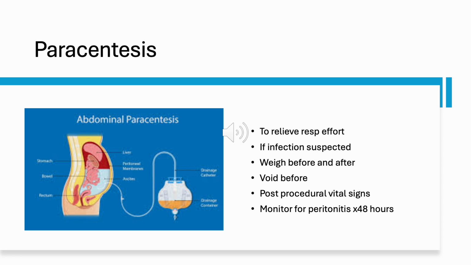Paracentesis is a bedside procedure that can be done to relieve respiratory effort. So in other words, they take off fluid to reduce the ascites so that the patient can breathe better. Another reason they may want to do it is if they suspect that the patient has spontaneous bacterial peritonitis, which can happen because the liver, if you remember, synthesizes proteins, and one of those proteins are globulins, which help us with immunity and fighting infection.